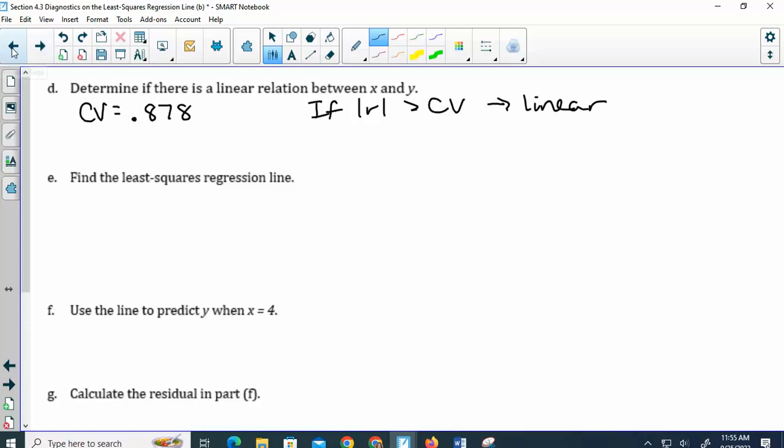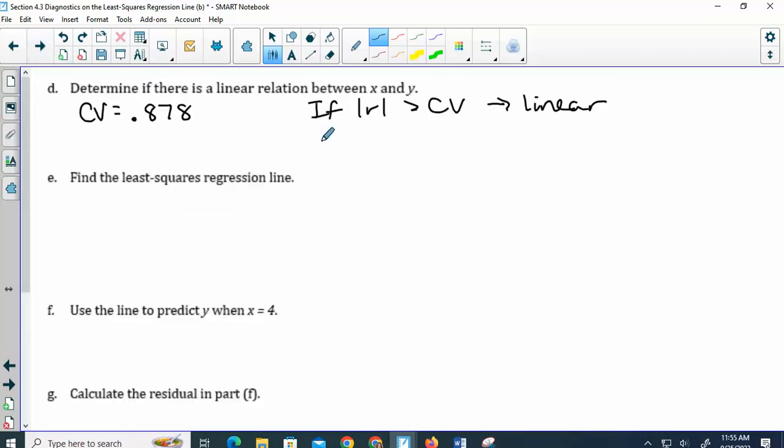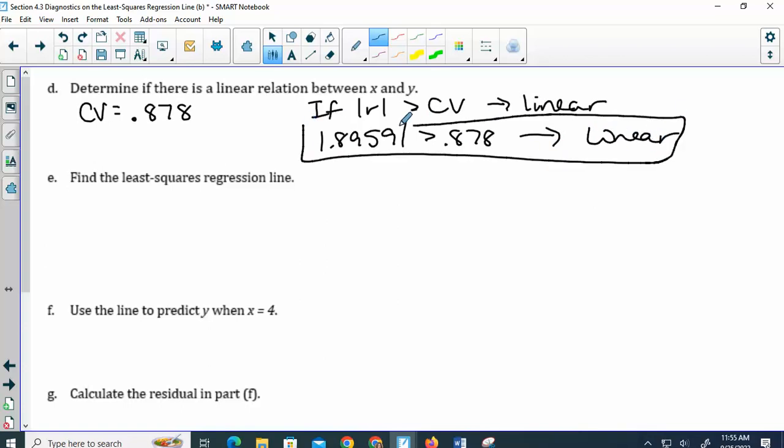So my r was 0.8959. So the absolute value of that, is it bigger than 0.878? Yes. So we have a linear relationship. And that is my justification. Not just me saying, oh yeah, that's close enough to 1, it's probably good. I can verify. Is it a positive or a negative linear relationship? Positive, because r was a positive number.